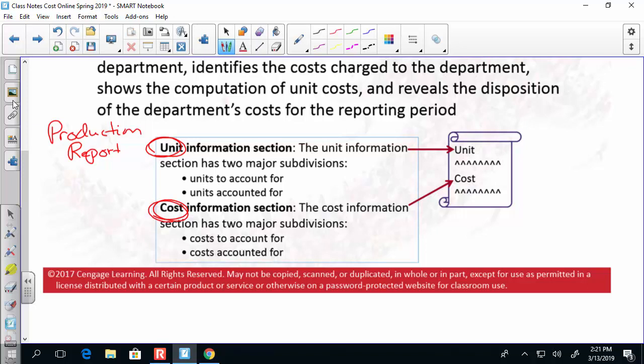The bottom half has the cost information. Remember, with the production cycle being so large, so many units coming through it, it's very difficult, unless you track the units and costs with it, to come up with a cost per unit at the end of the particular month or whenever the part is complete. So we're tracking both on one report here.